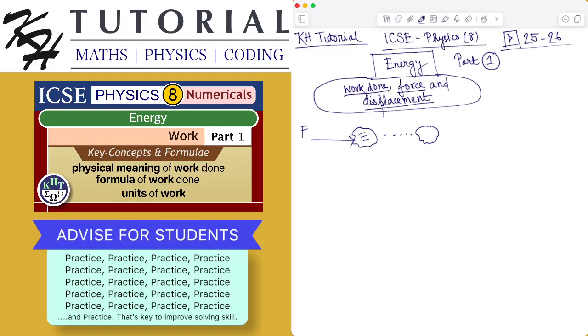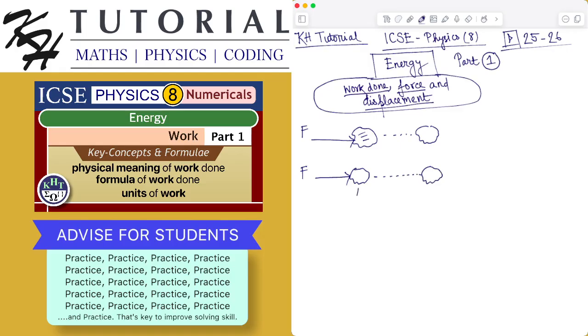Okay, so let's say we have a body, and this is the force being applied on this body, and let's say there is a displacement of the body.